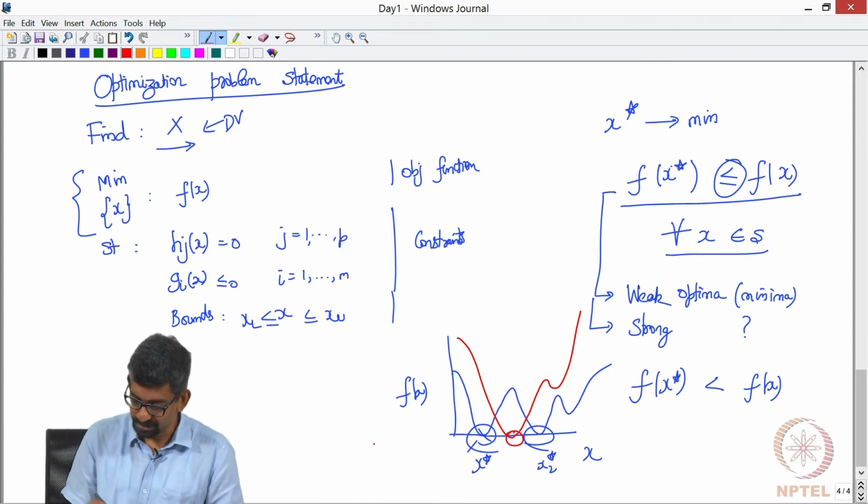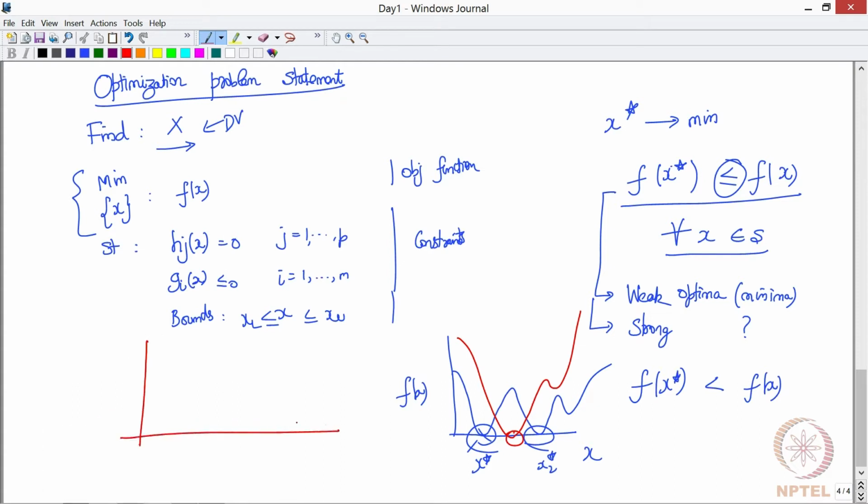So, let us say that there is a function like this. Where is the optimum in this function? And of course, I bound it here. So, this guy is the optimum, but as you will see next, all optimization algorithms work from some starting point. If I start my algorithm here, it is likely to go and get locked here. That is why they ask if you did multiple starting points.